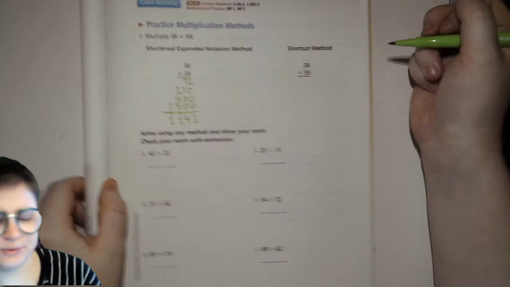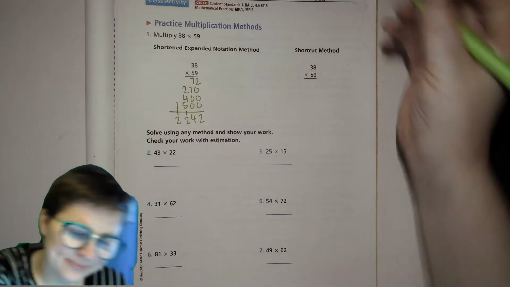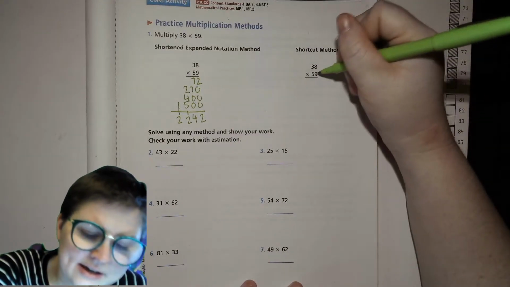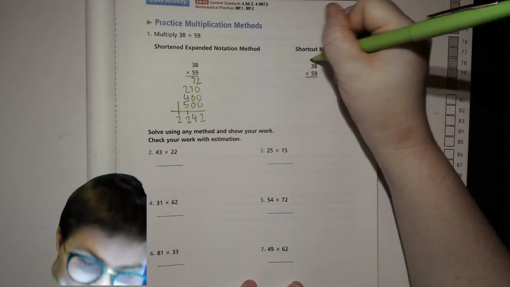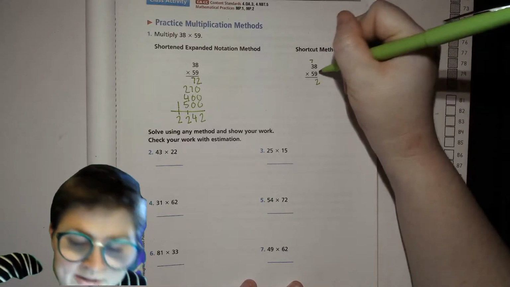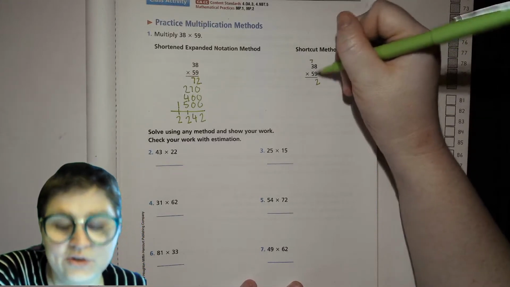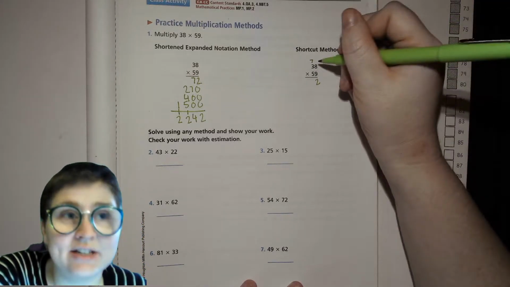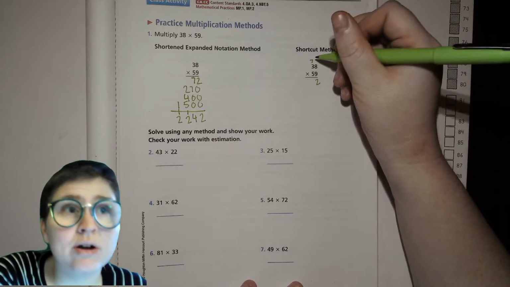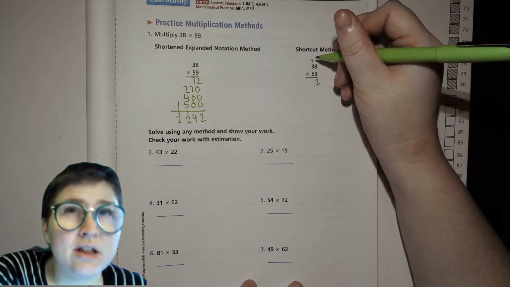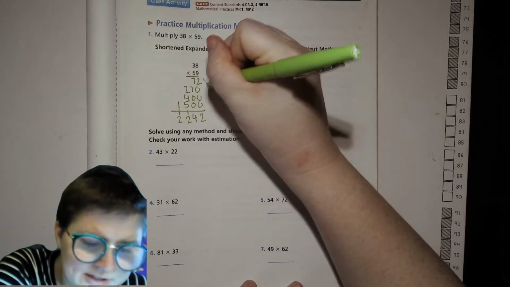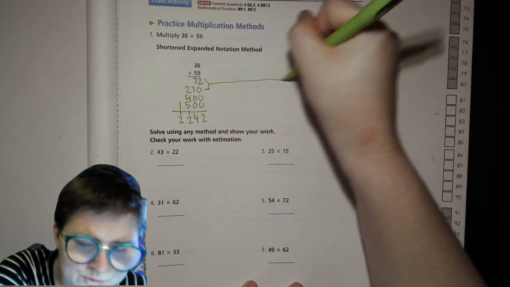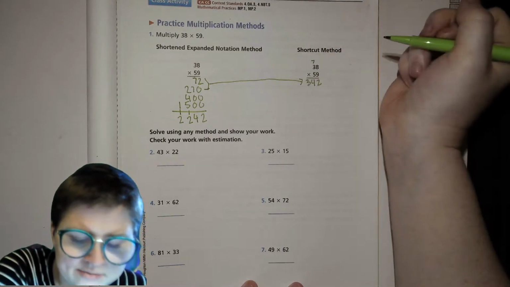Now we'll do the shortcut method. 8 times 9, or 9 times 8 is 72. 9 times 30, 27, plus 7 more is 34. So really that's just these parts put together.